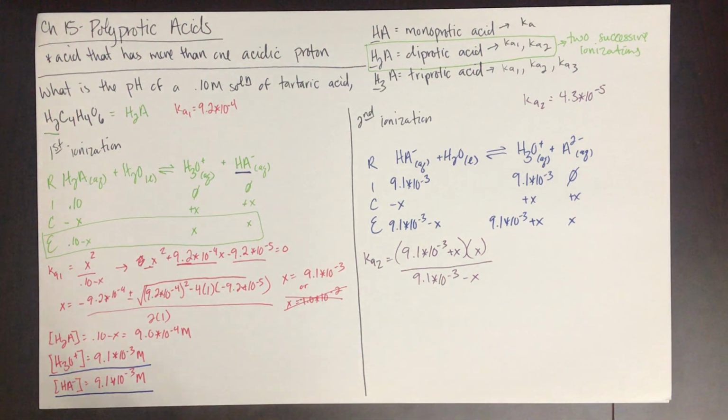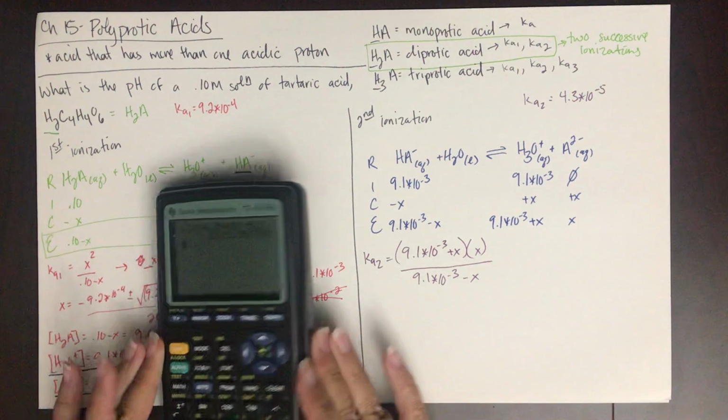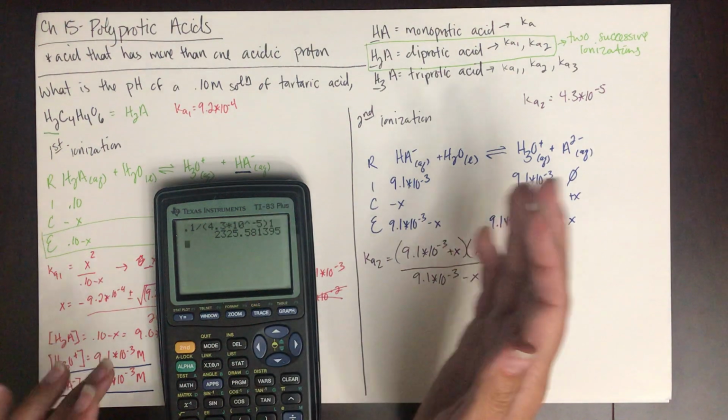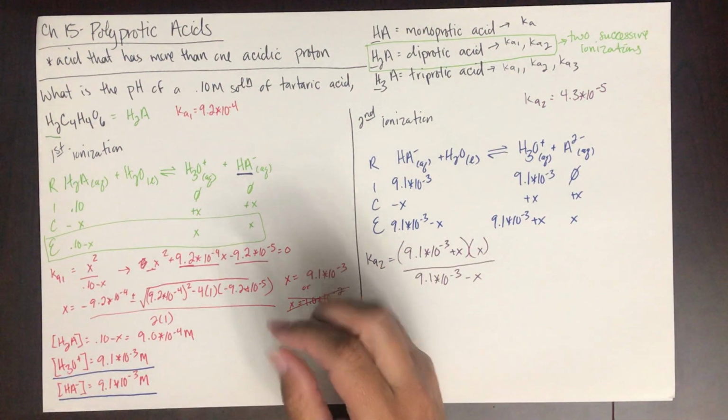So now if we use the simplifying assumption and we look at the initial concentration, 0.1 divided by Ka2, 4.3 times 10 to the negative 5, it is a bigger number than 500. It's 2,325.